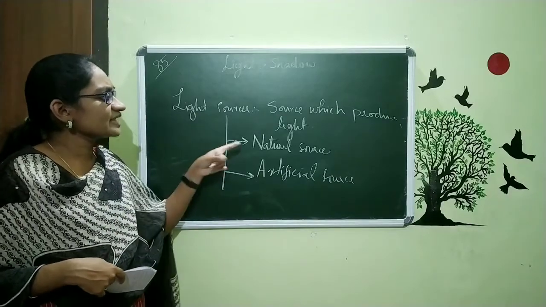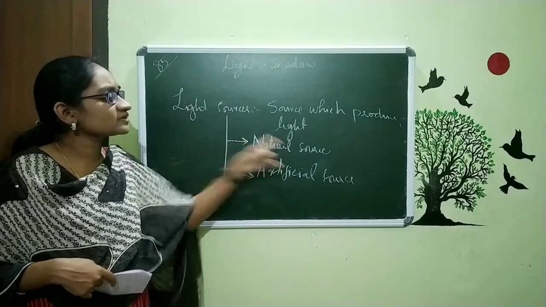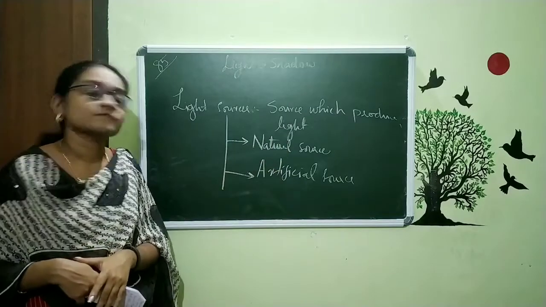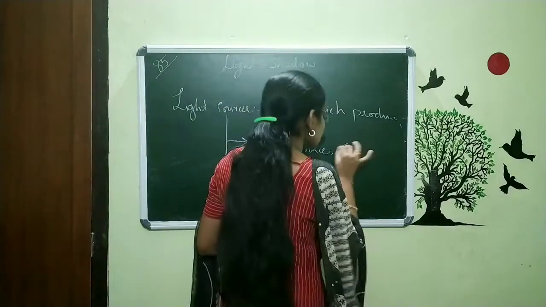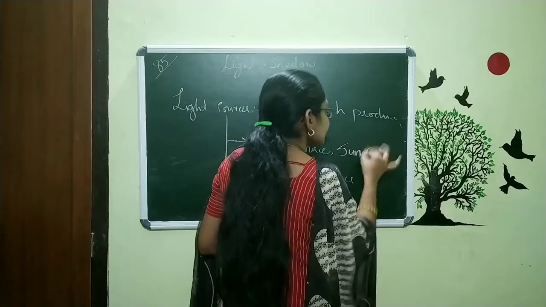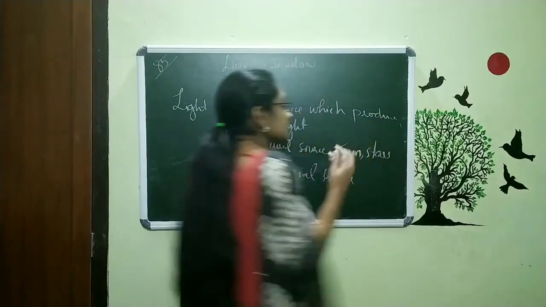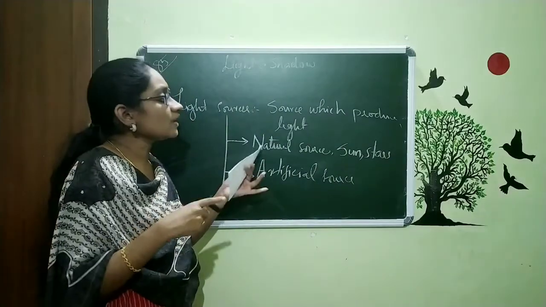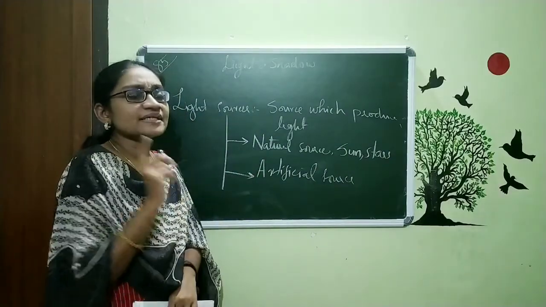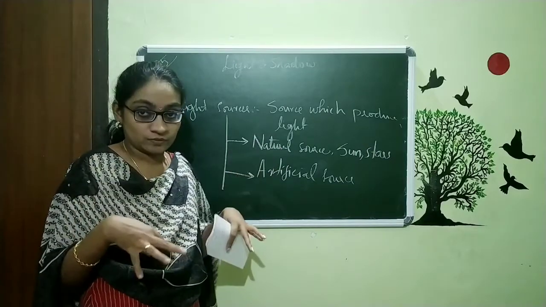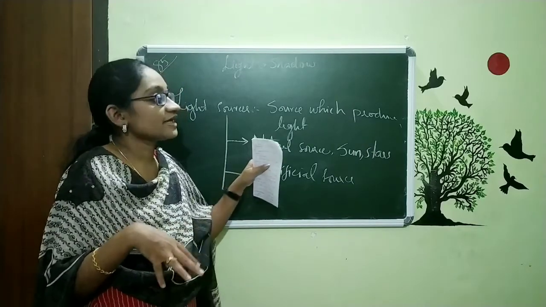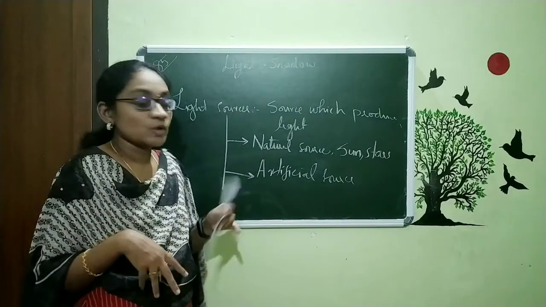Now, which are the examples for these natural sources and artificial sources? Very simple. The natural sources are sun, stars. Sun, stars, all are natural sources. And some of the insects produce light on their own. We also consider them as natural sources. Which are they?